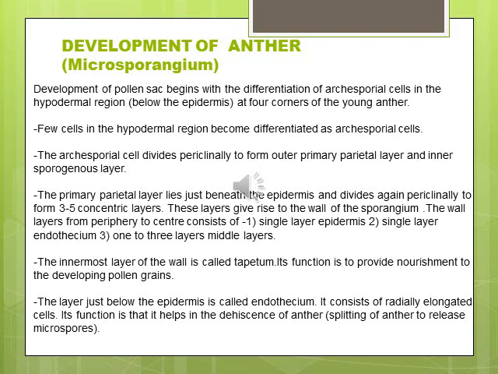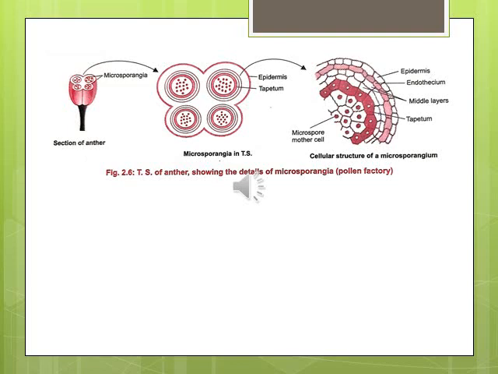Now here in the diagram we can see the structure of an anther. Anther, as I told you, is bilobed and each lobe has 2 pollen sacs. So therefore total sacs are 4, and here we can see the transverse section. Transverse section means the horizontal section, where it is showing 4 pollen sacs or microsporangia inside the anther.